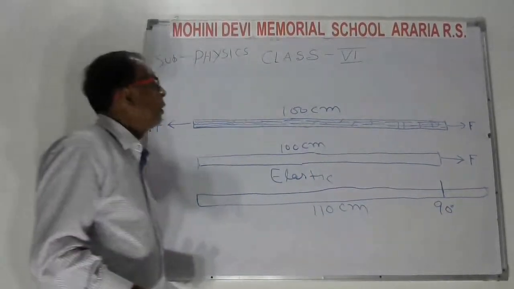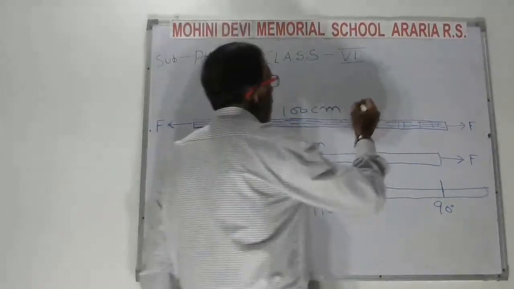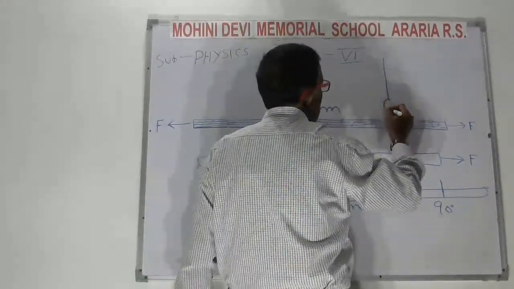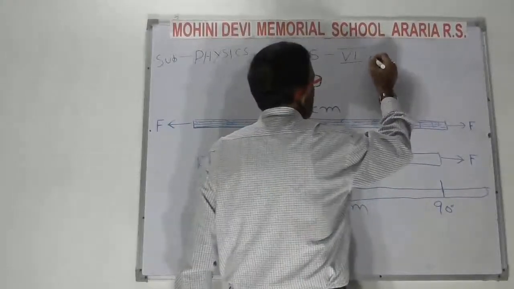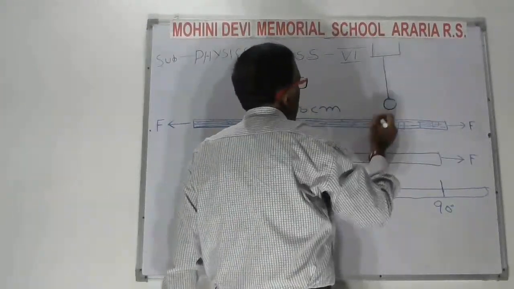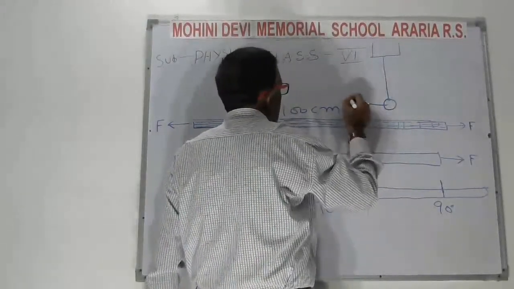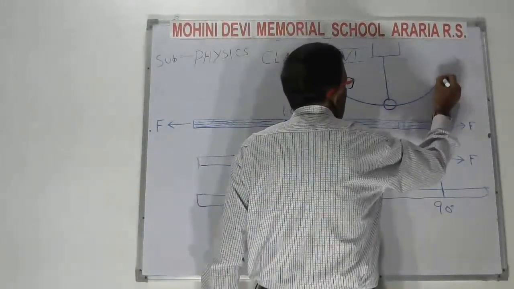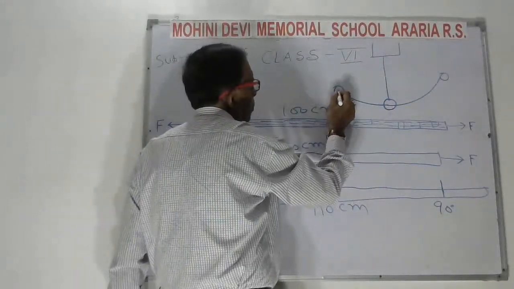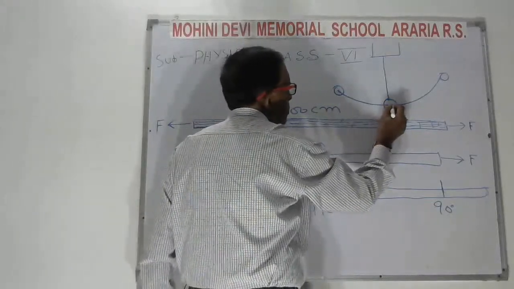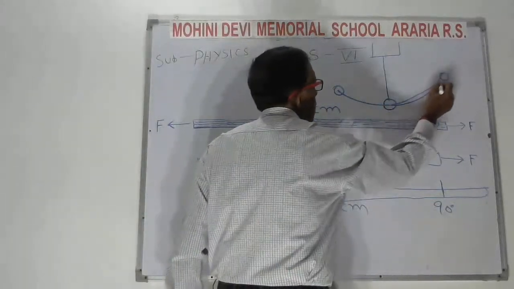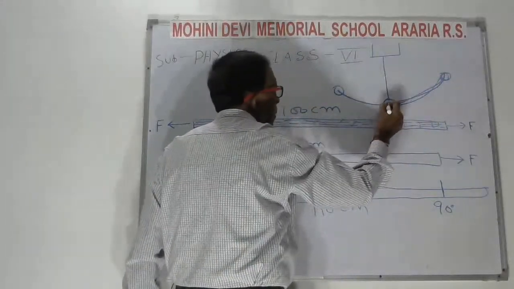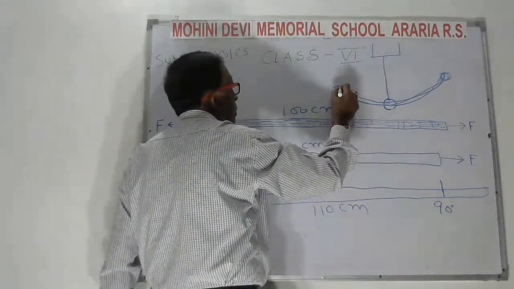And a nice example is a pendulum, which was used in the previous class, the wall clock, and it completes its one oscillation. It means when the ball starts to move from here, it comes here to the mid position, then goes to this top position, and again it comes back to the mid position, and then it reaches this.